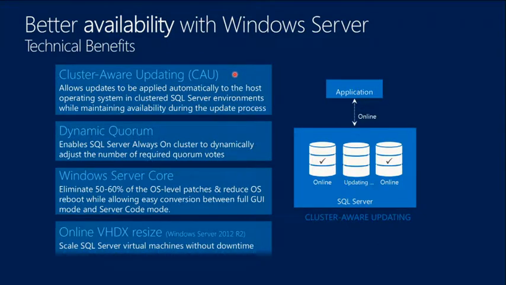We know that we actually released a lot of patches in the last couple of years, and a lot of the patches are OS patches. But if SQL Server is running on the OS, when you have to patch the server, you have to make sure that SQL Server is always up and running. So you employ this rolling update mechanism. Now you can do that automatically using Windows Server 2012, right?